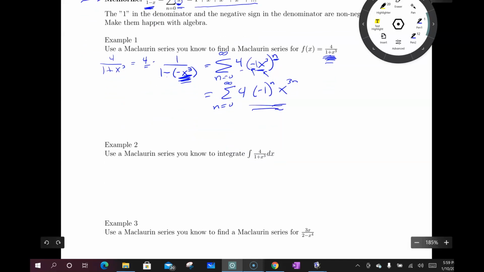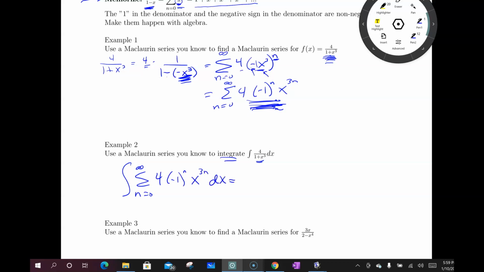Now the reason I've been having you simplify this is that we're going to use the Maclaurin series to integrate. Look at that. We're going to put this in the integral, for negative 1 to the n, x to the 3n dx.